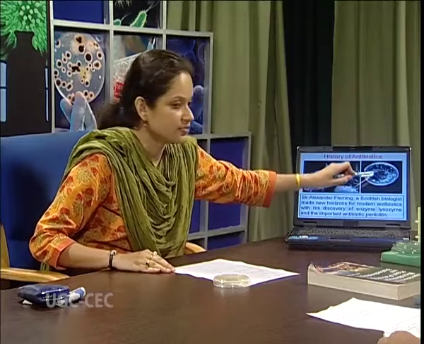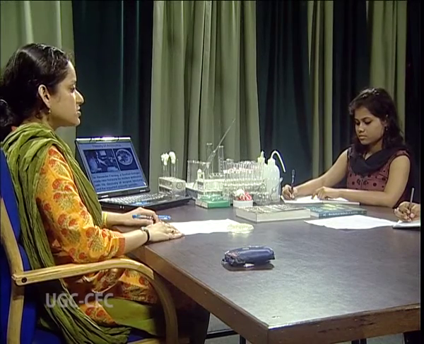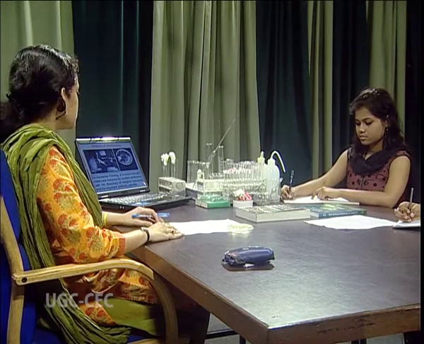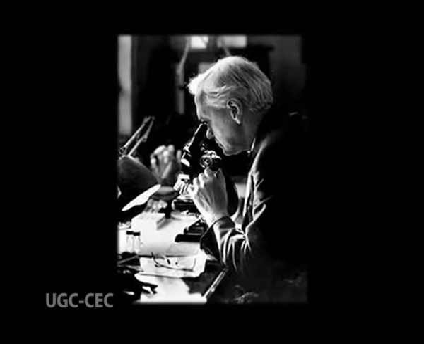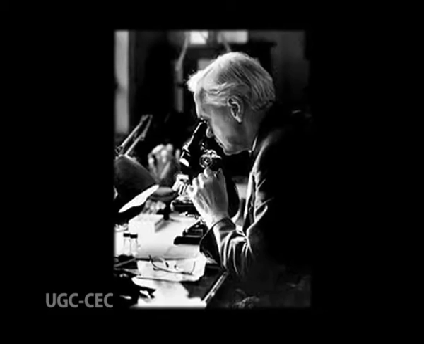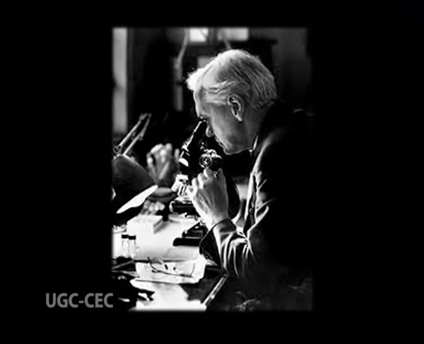After close examination, he found that the colonies of Staphylococcus aureus in close vicinity to Penicillium notatum were inhibited. On further examination, he found that Penicillium notatum secreted the secondary metabolite penicillin, which acted against the colonies of Staphylococcus aureus.